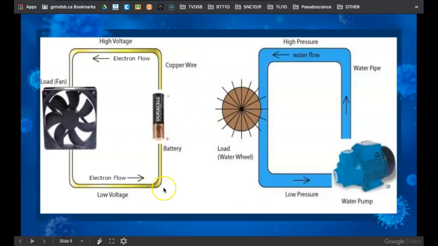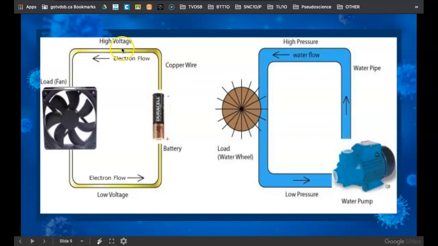So here's a kind of a way of visualizing what we're talking about here. So I've got a battery, I've got a fan, and I've got some wire. All right. Now the electrons are going to come up here through the fan. They're going to turn the fan, and then they'll come back. Now, when they come out of the battery, they have high voltage. Why? Because the battery gave those electrons stored energy.